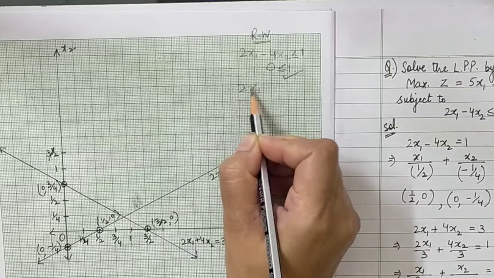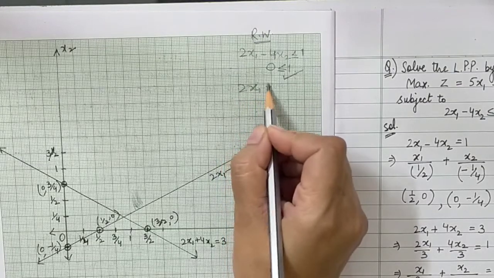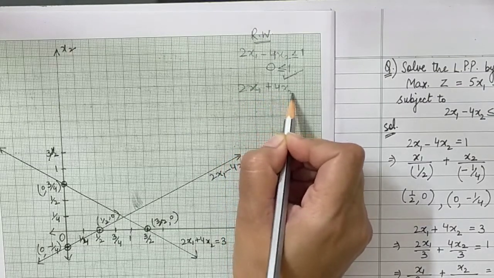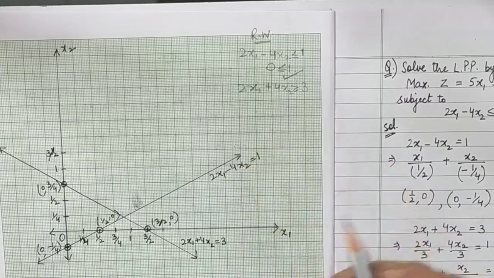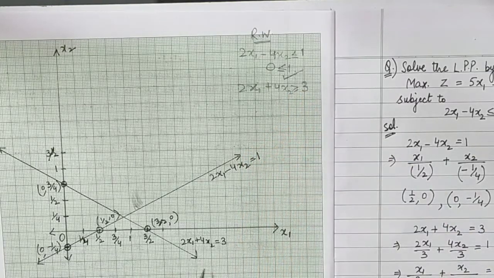Now the next inequality: 2x1 plus 4x2 is greater or equal to 3. This is the second line.